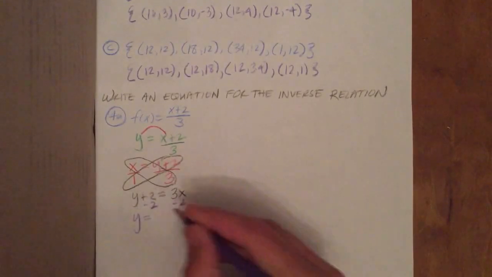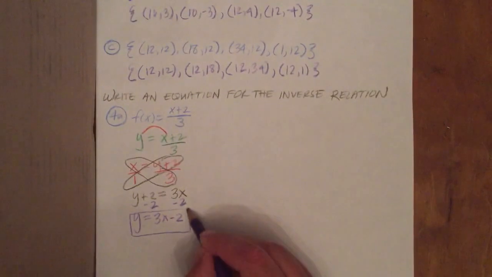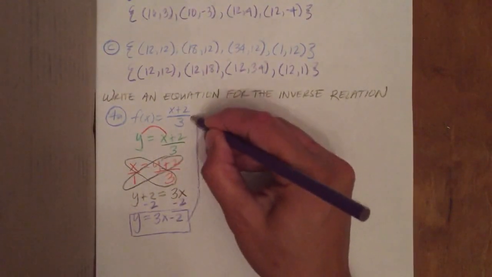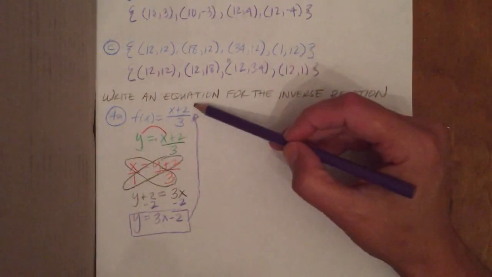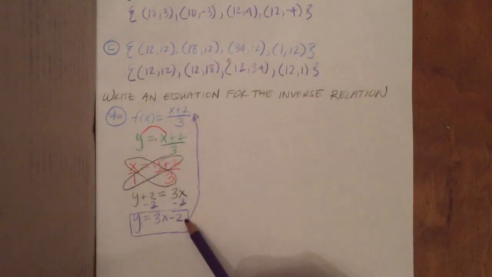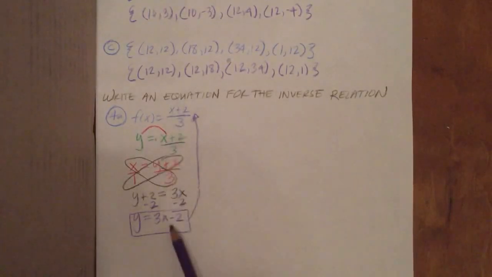So my inverse relation is y equals 3x minus 2. So this function is the inverse of this function. If you looked at the domain and range for this one, it is going to be the exact opposite. What's the domain here is the range here. What's the range here is the domain here. What's x here is y here. What's y here is x here.